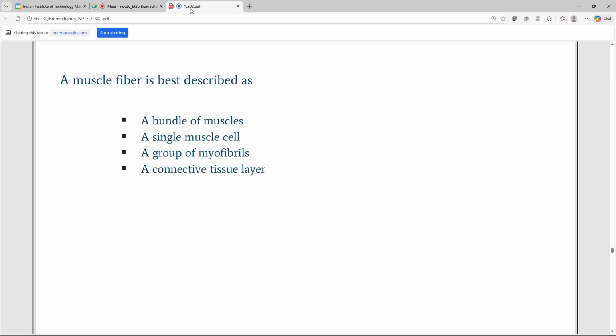Our answer is: a muscle fiber is best described as a single muscle cell, option B. Whereas a group of myofibrils is known as a sarcomere.